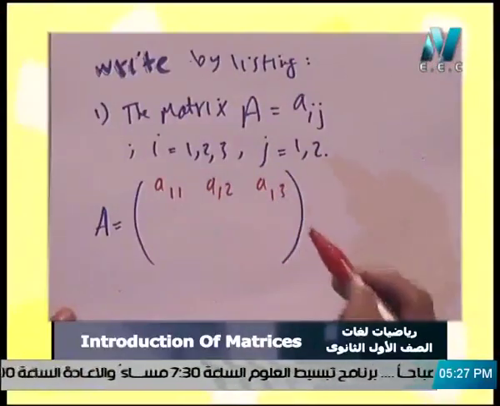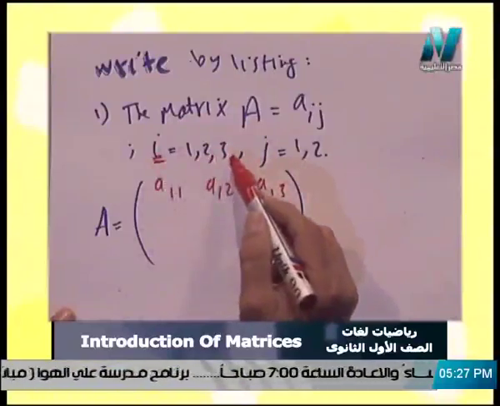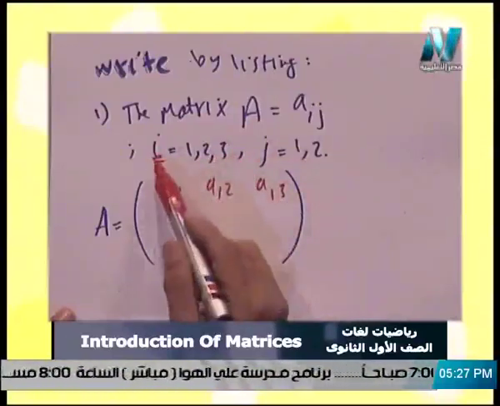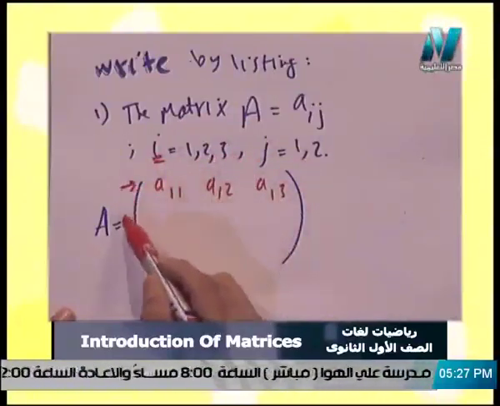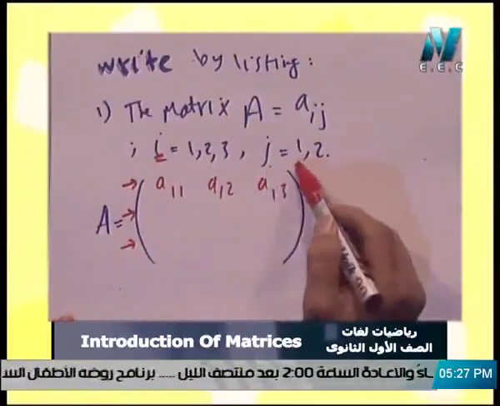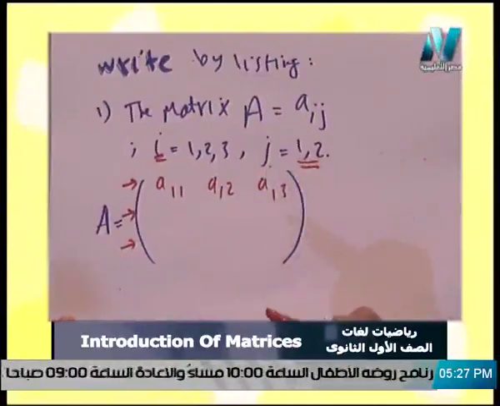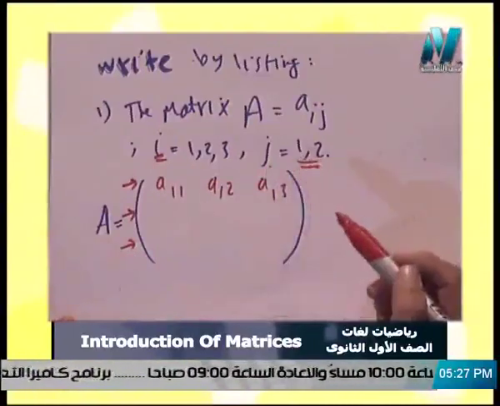Okay, and i equals 1, 2, 3, so i is the number of rows: 1, 2, 3. j expresses the number of columns, so we will have 2 columns.